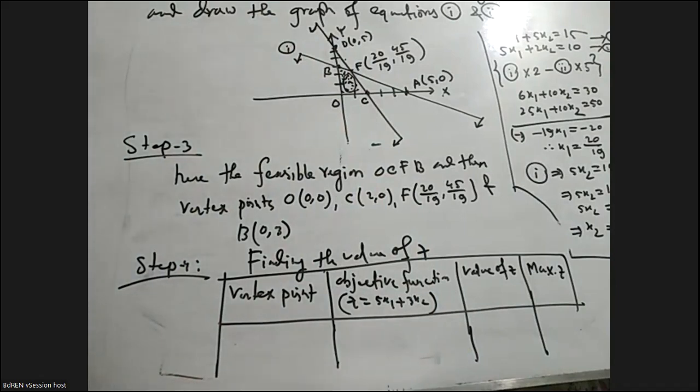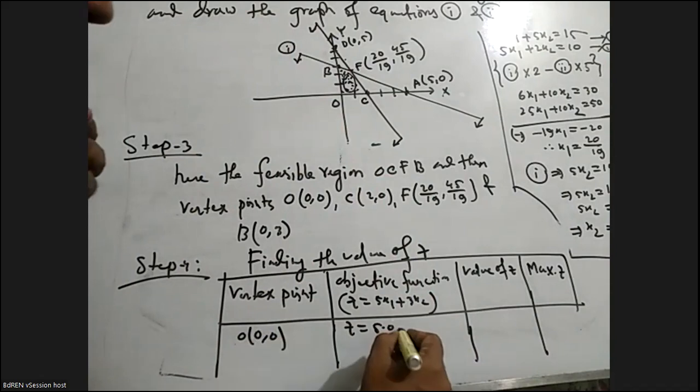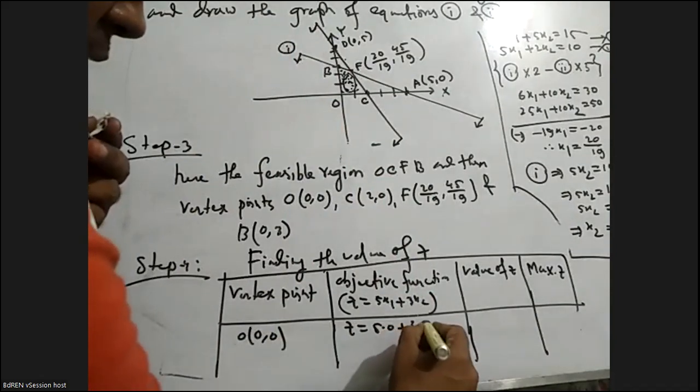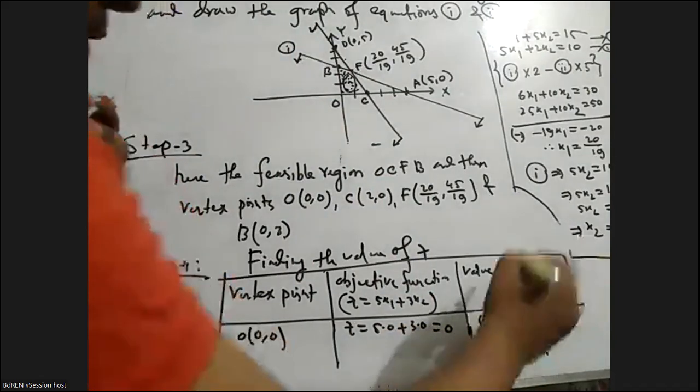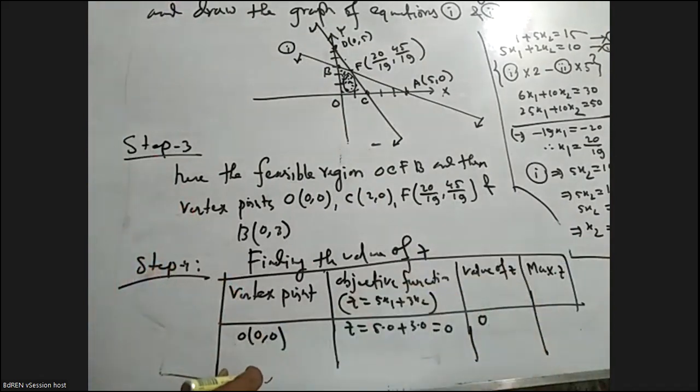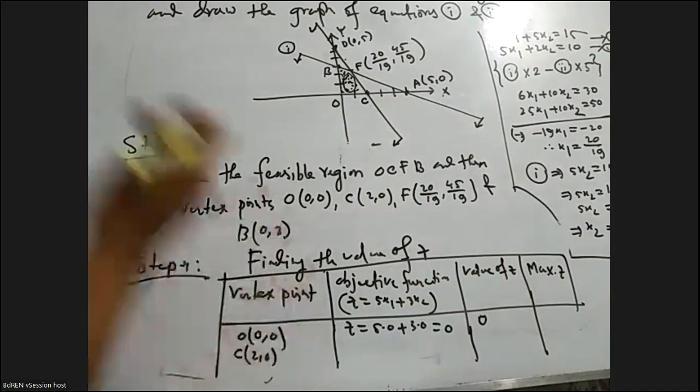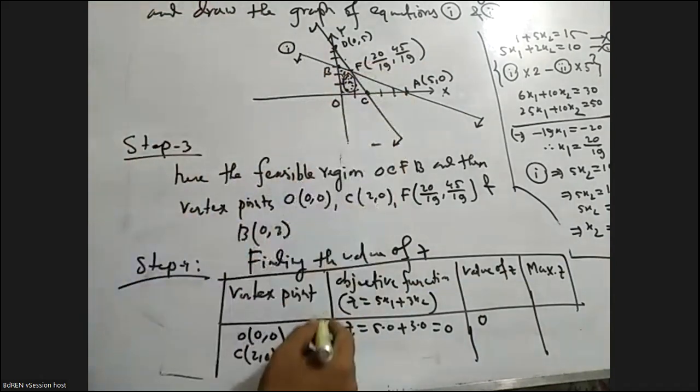Now for the first corner point, 0, 0. The value of z will be 5 times 0 plus 3 times 0, with x1 equals 0 and x2 equals 0, so the value of z will be 0. Now, the second corner point, C point, 2, 0.